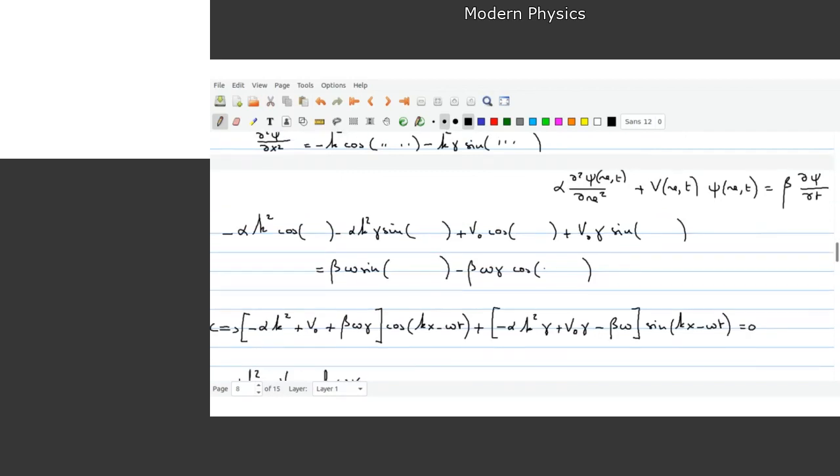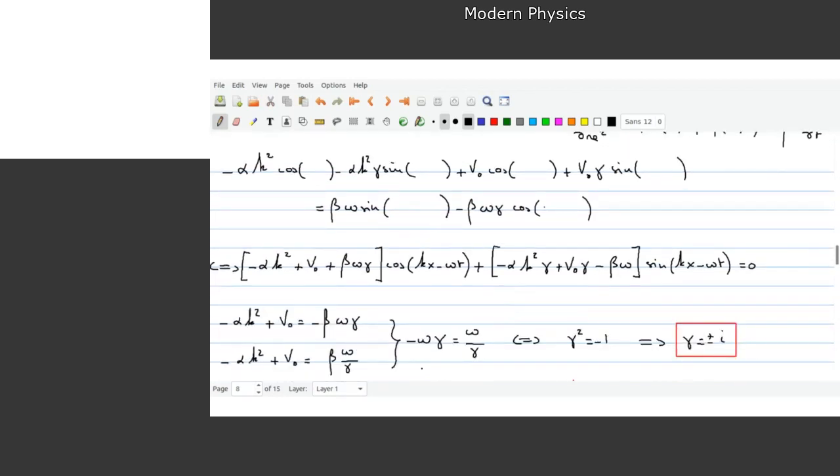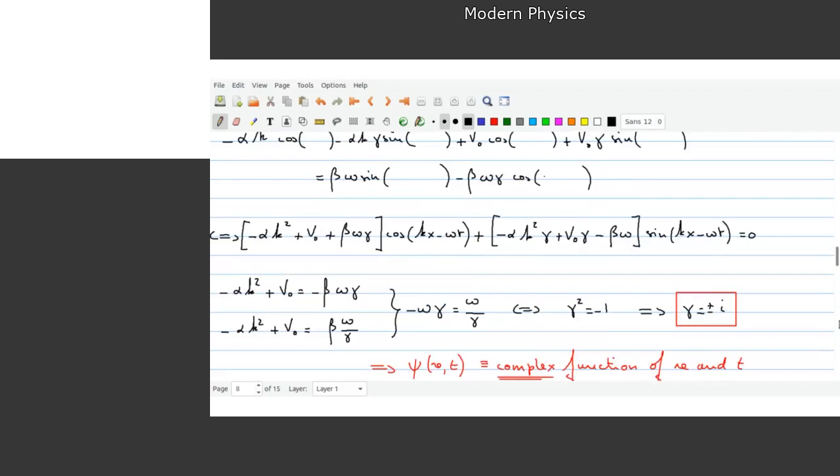And so what you can do here is to group the cosine terms on one side, and on the other side the sine terms. And so when you do that, you have the cosine times this factor, and here you have the sine times this factor, and this is equal to 0. So this is much better, because now you will have two equations.